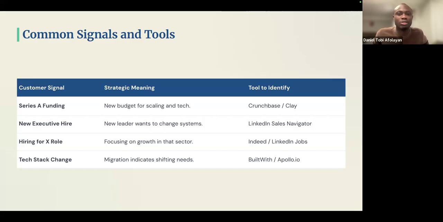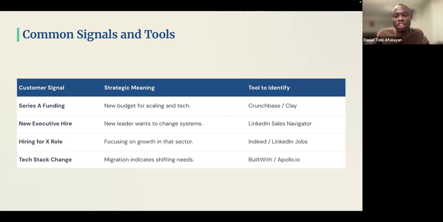Maybe you do an SMS business, or some innovative business. You can use LinkedIn Sales Navigator to know if there's a new executive hire, right? Or if they are hiring for a kind of role, and maybe that would help you to know them more. Indeed.